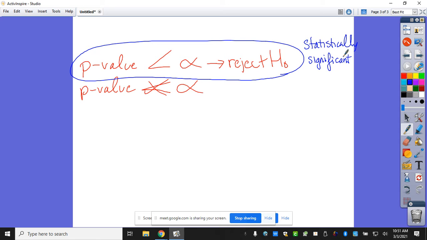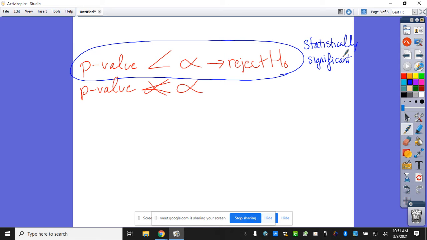So for that problem with the concentration of ammonium nitrogen, was it statistically significant? No.